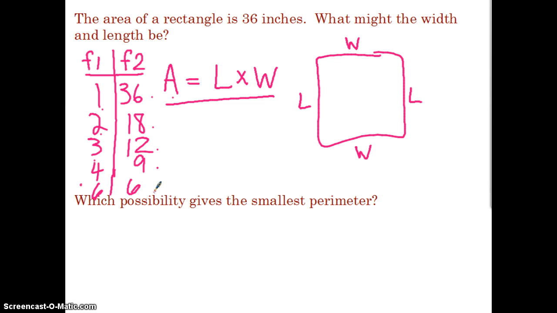But now the question asks, which possibility gives the smallest perimeter? We've got another math vocabulary word. So somebody talk to me about what perimeter is. What's perimeter? It is how many?